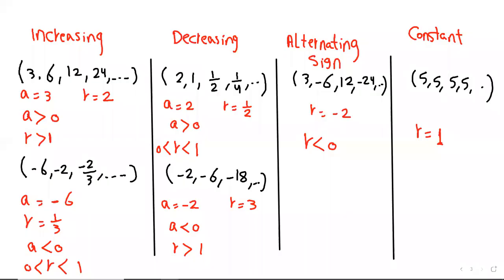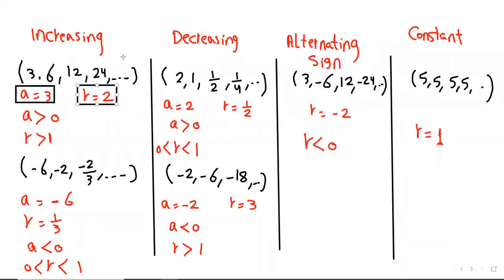Now let's go to the types of geometric sequences. The first type, increasing sequence. Let's have a look at this example. Here we have the sequence 3, 6, 12, 24, and so on. We observe that A is 3, and R is 2.